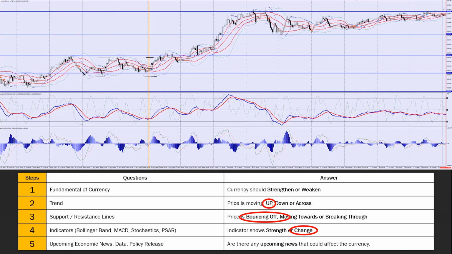You can close it anytime here, or you can hold it all the way to take profit. When do you want to close out of a trade? Again, that just comes down to your risk appetite. It comes down to your capital. It comes down to your targets. What kind of targets have you set?